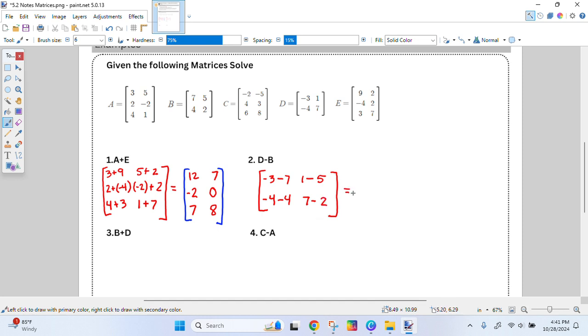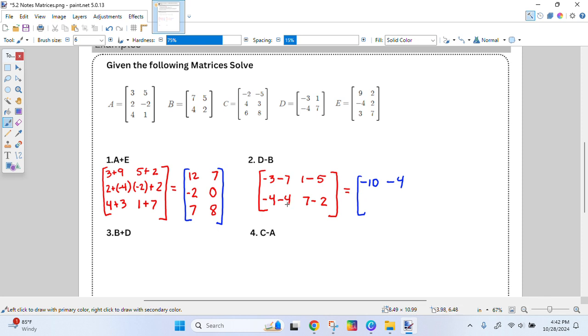If I were to solve these now, negative 3 minus 7, we can put that in our calculator, or we can do keep, change, flip. Keep this as a negative 3, this is addition, and that turns the 7 to a negative 7. Two negatives being added together. So negative 3 minus 7 is negative 10. 1 minus 5, if I did keep, change, flip, would be 1 plus negative 5, which leaves me with a negative 4.